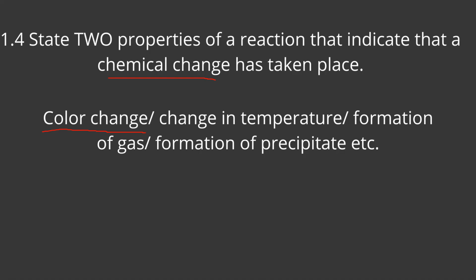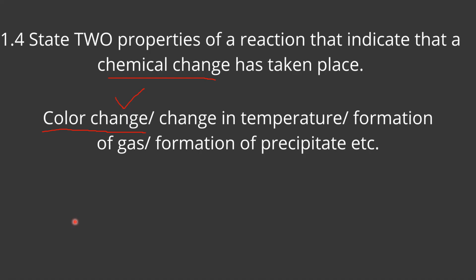Normally that's an indication that a chemical change has taken place, right? We're asked to give two, but we'll look at a number of them. Another time you feel a change in temperature.